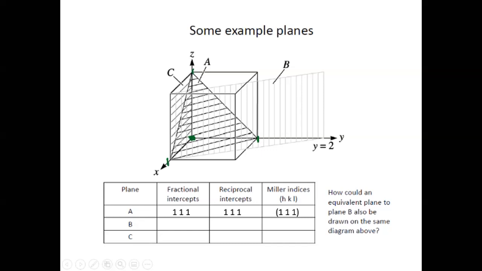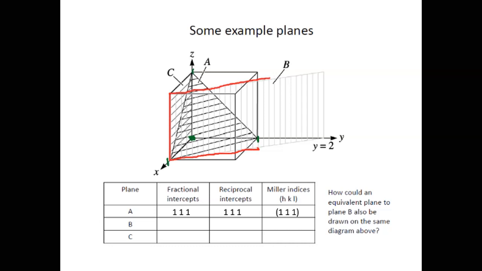Next we go to plane B, and let me highlight plane B so it makes it easier to see. B is right here, in red. You'll notice first off, it doesn't cross the origin, which is good, so there's no shifting involved.